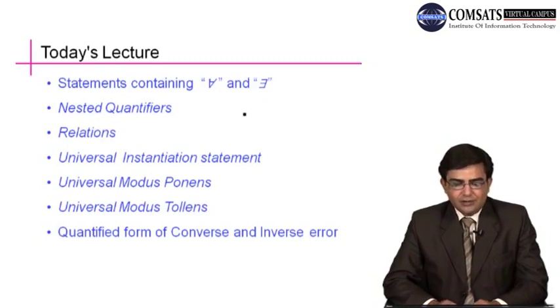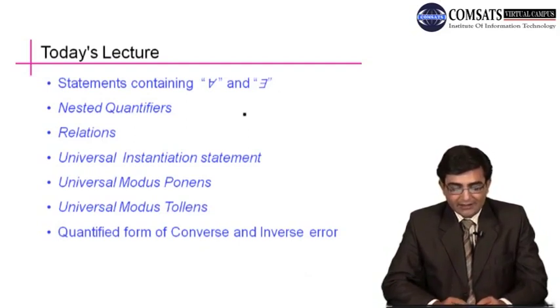We shall also discuss universal instantiation statements, universal modus ponens and tollens, and we shall also discuss the converse and inverse of universal conditional statements, converse and inverse errors in universal modus ponens and universal modus tollens.